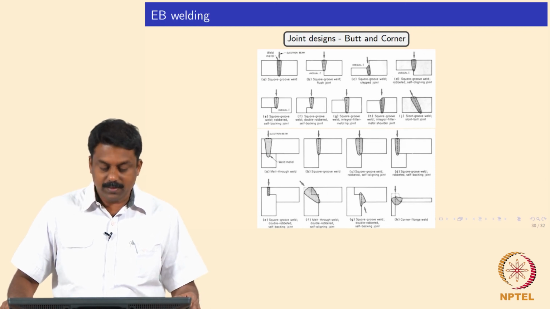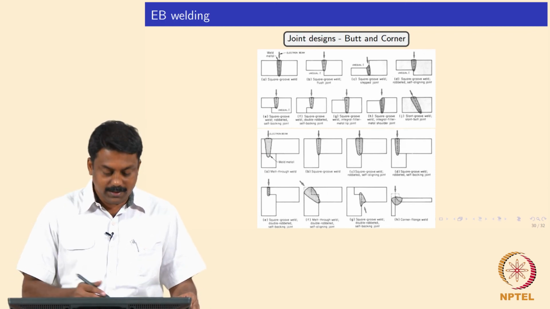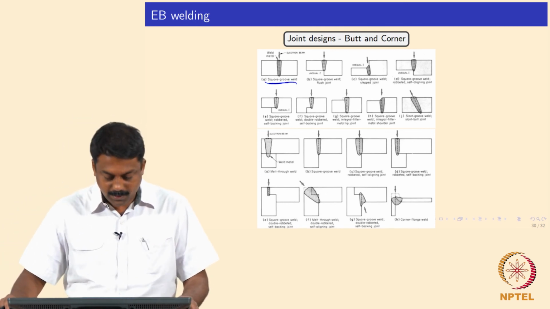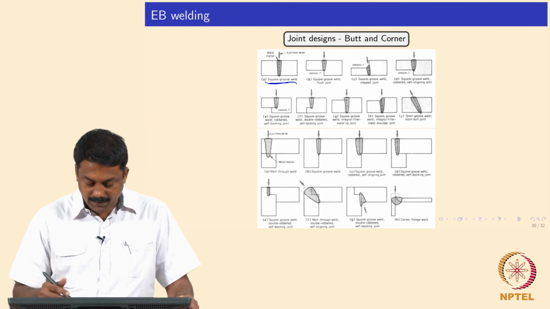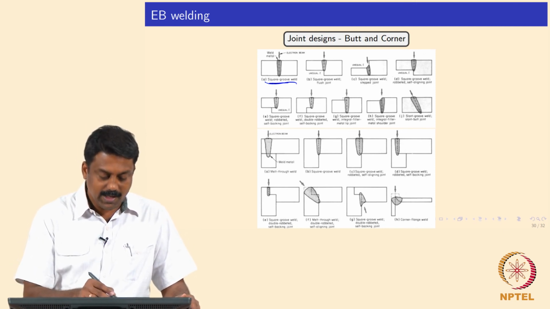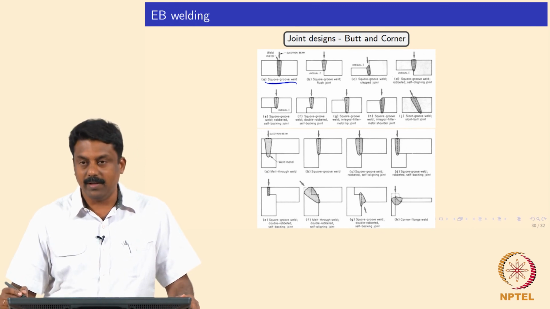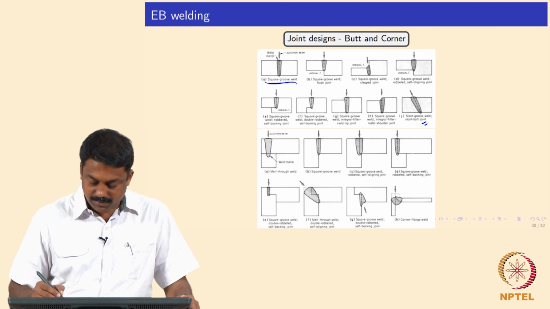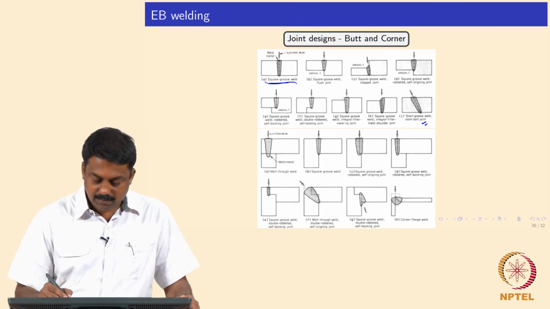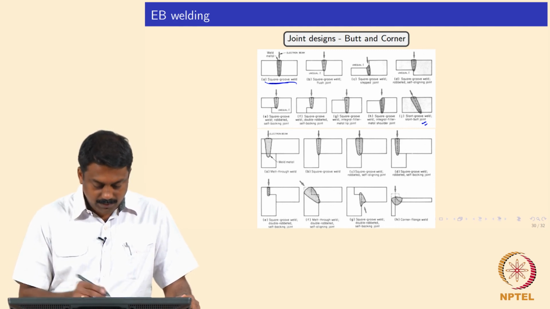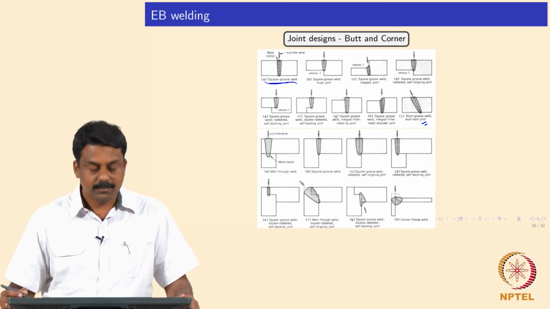So the most preferred joint design is the square groove butt joint. Okay, and all the configurations, if you look at them, are manipulations of the butt joint only. So you can have slightly inclined butt joints, but in most cases it is always a butt joint, and you can achieve varying configurations.